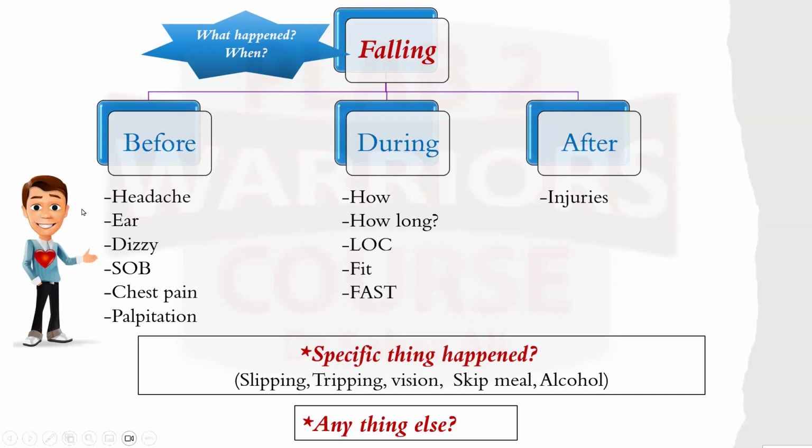If the patient gives you a positive history of severe headache in the morning, this is most probably a space-occupying lesion. If the patient gives you a positive history of ear pain or fullness, this is most probably something related to the inner ear, like vestibular neuritis, paroxysmal positional vertigo, Meniere's. All right. Yes, the main symptom with ear problems is dizziness, but you never know.